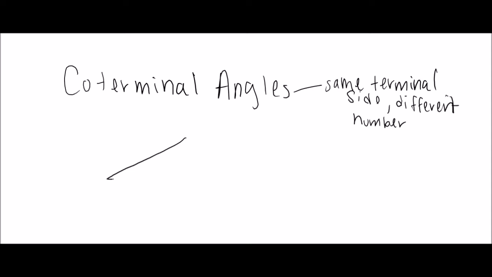Okay, so in standard position, this would be in the first quadrant. Oops, these lines are not very straight. This is the x-axis. This is the y-axis. And this right here is the terminal side.